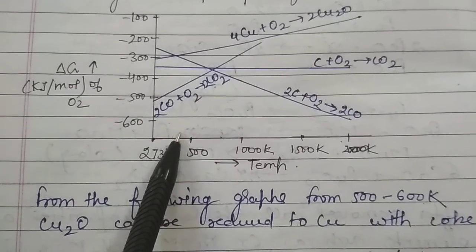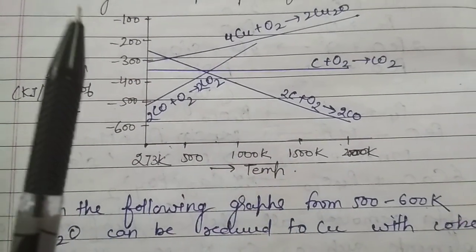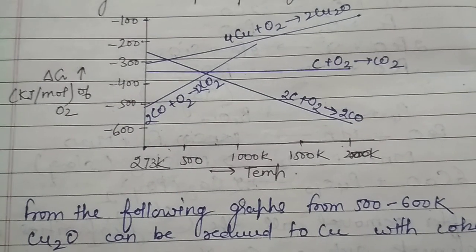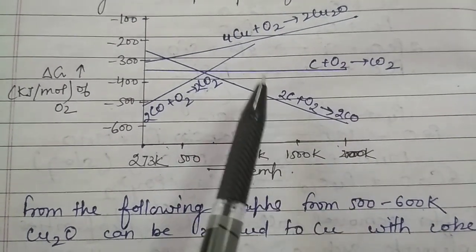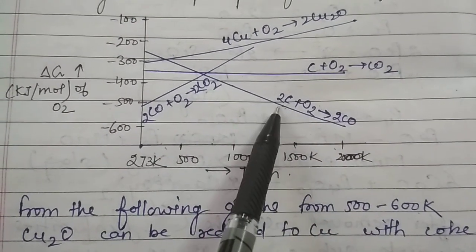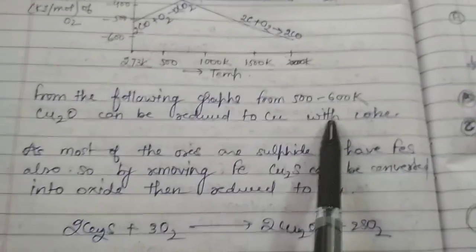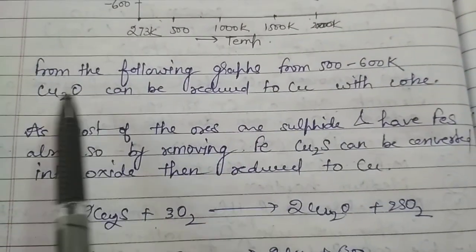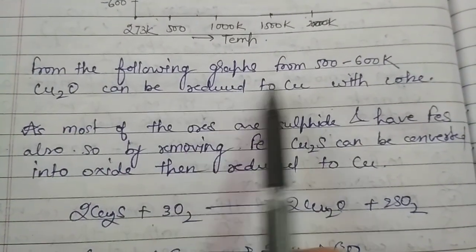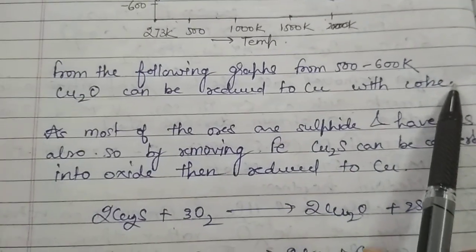So from the graph, from 500 to 600 Kelvin, copper oxide can be reduced to copper with coke.